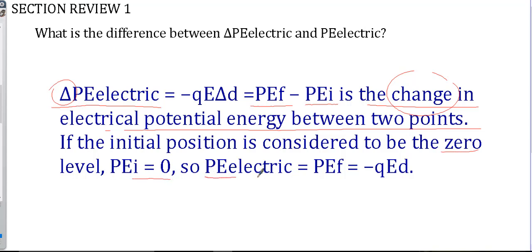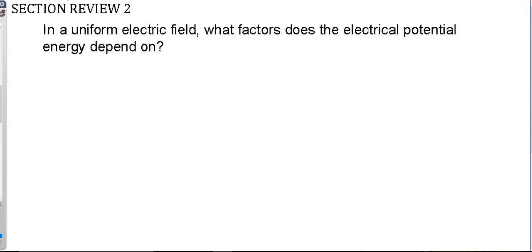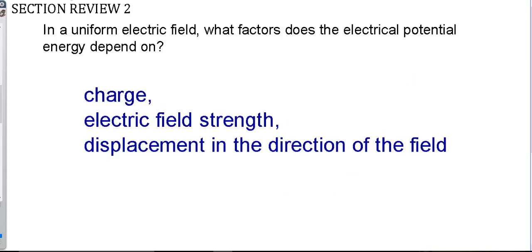When we say potential energy, it means potential energy at a point. So the difference between them is PE is the potential energy at a point, delta PE is the change between 2 points.